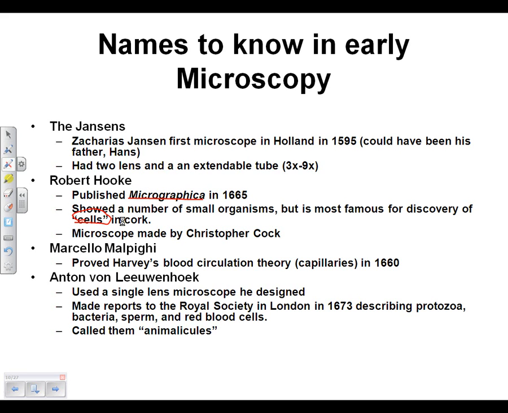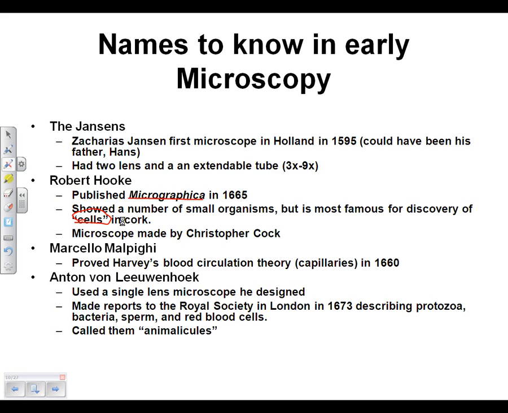So he essentially did sections of cork, the bark from the cork tree, looked at it, and what he saw under there looked like cells. And I'll ask you in a minute, if you were in front of me, why he called them that, and I'll give you a minute to think about that. It'll be on the next slide. And the difference between him and some of the others is that his microscope was actually made by someone else. So he did the work, but Christopher Cock was the one who actually made the microscope.